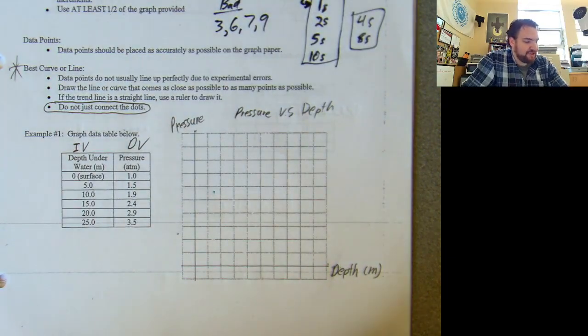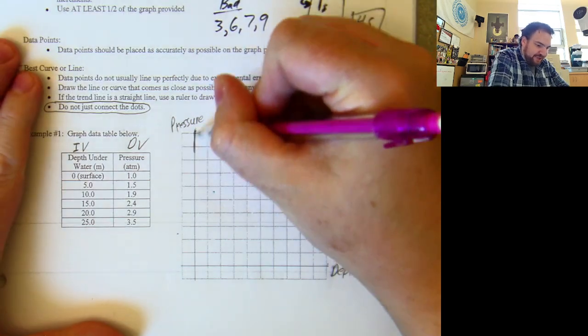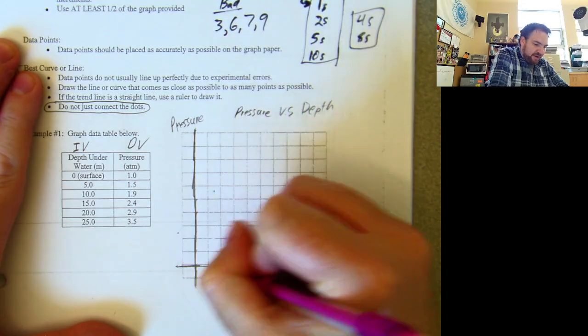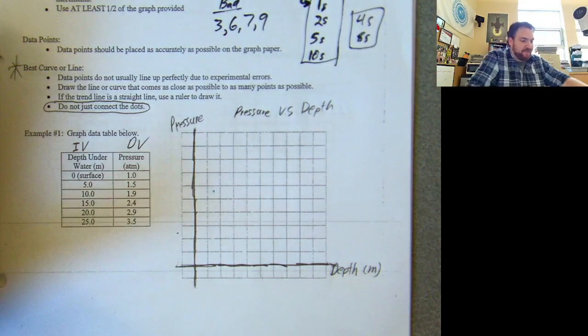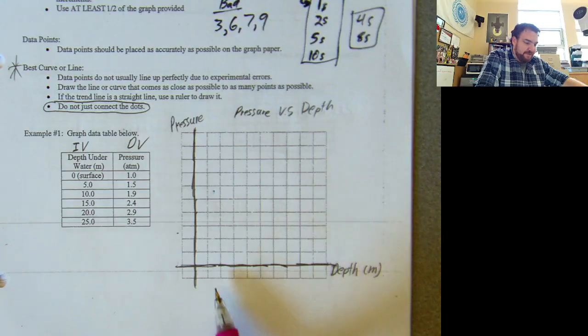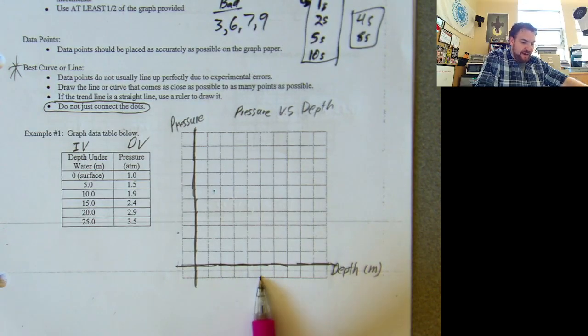And now we're going to go ahead and graph this thing. We need to pick a scale that will use all of the data. So it's given you kind of a darker line on here, both there and there. So that's what we're going to call our axes. What should we go up by for depth? If we go 5, it's going to be 5, 10, 15, 20, 25.